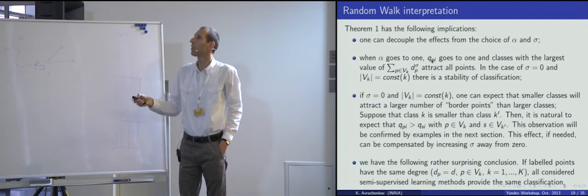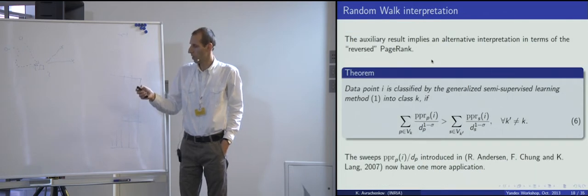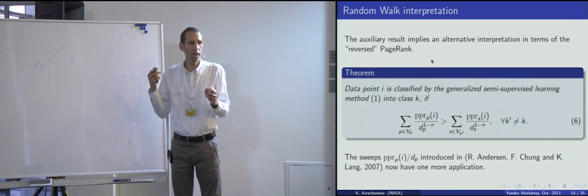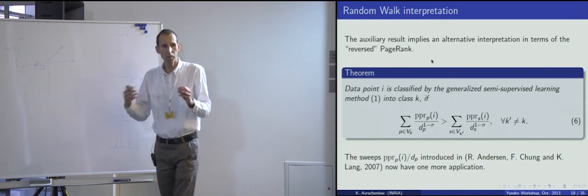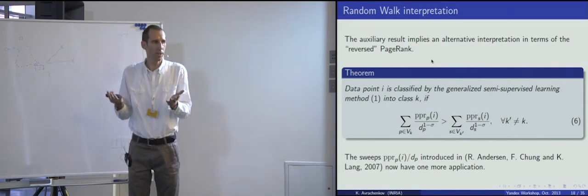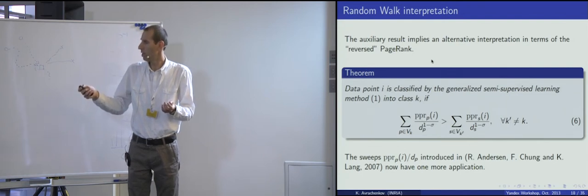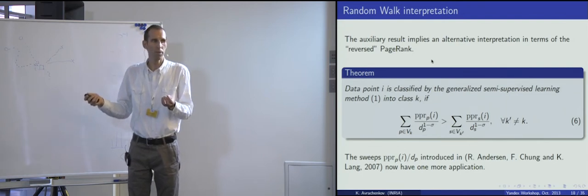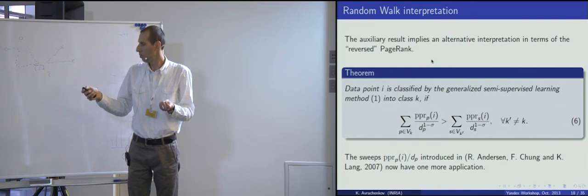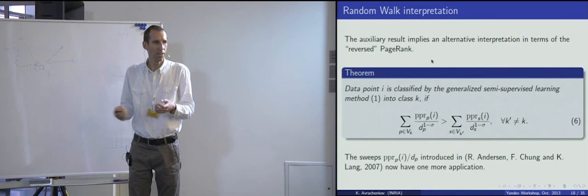What is very good is that we're able to decouple the effect of sigma and alpha. The effect of alpha is how often we restart our random walk, and sigma is just another parameter, right? And in our criteria, we completely decomposed these two effects. Sigma is just in this factor of degree, and alpha is just inside personalized PageRank.